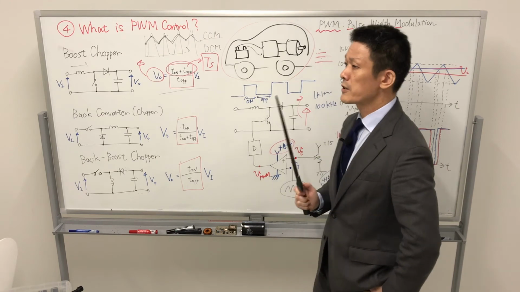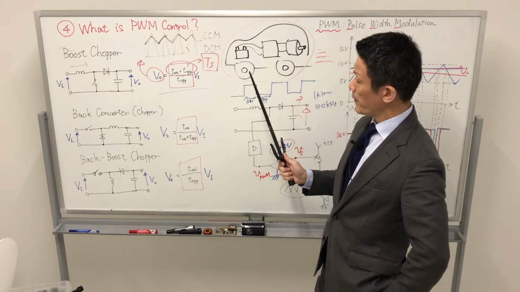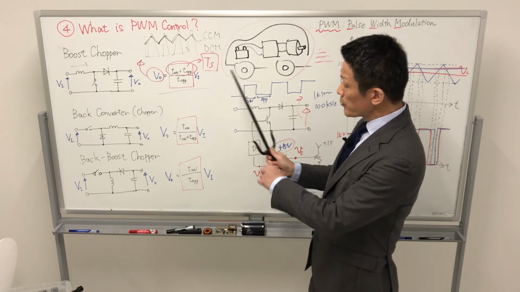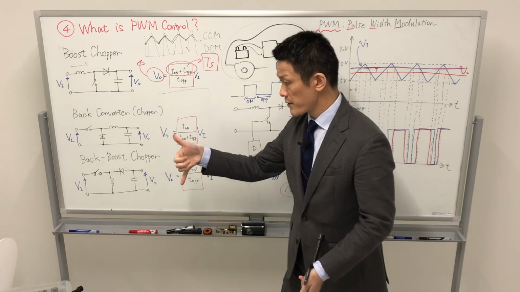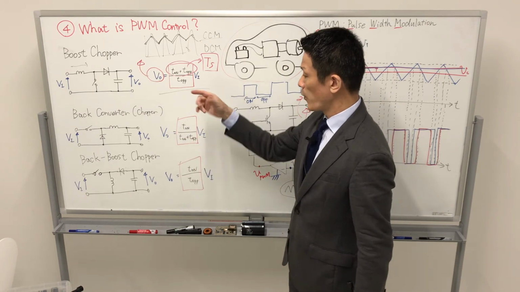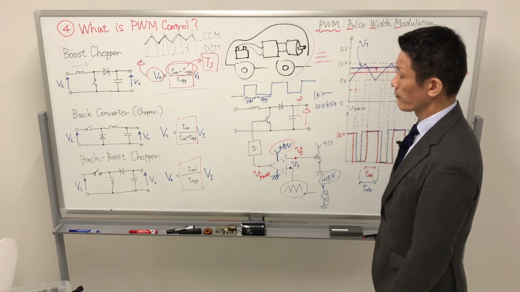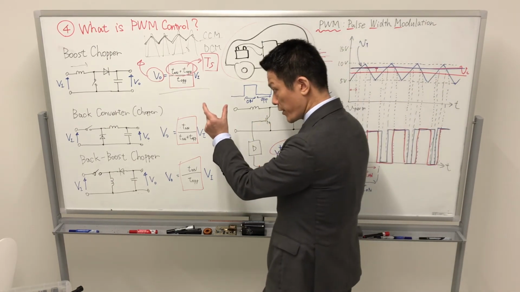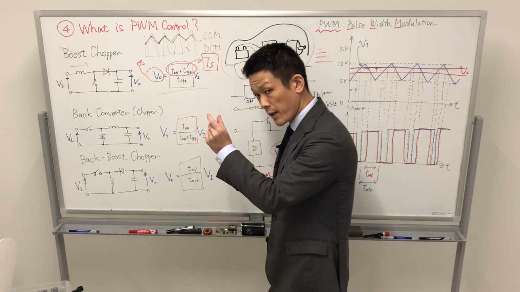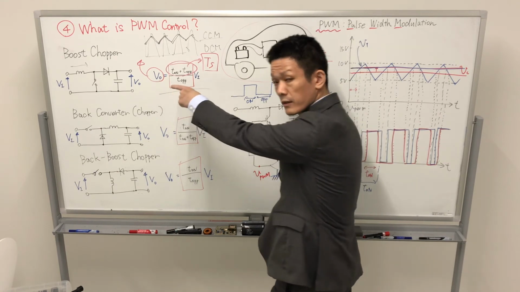Mainly power electronic systems use PWM control, because the output voltage of many power electronic systems is defined only by the turn on and turn off timing. That means if we change only the turn on and turn off timing, we can obtain the target voltage.